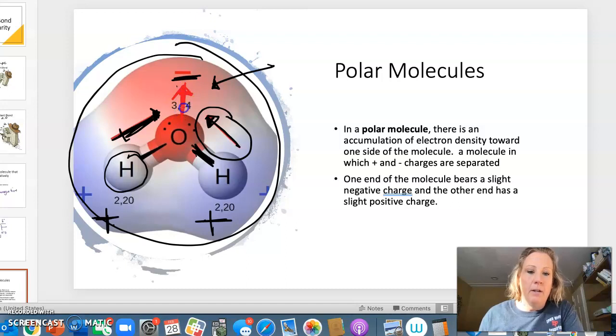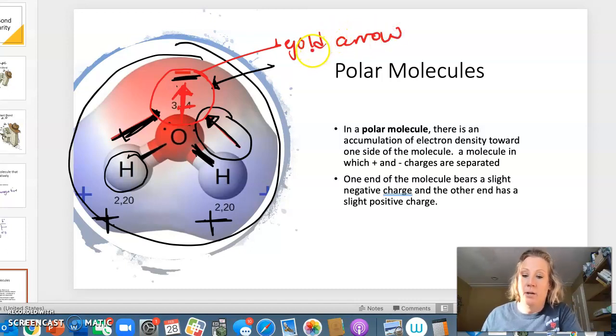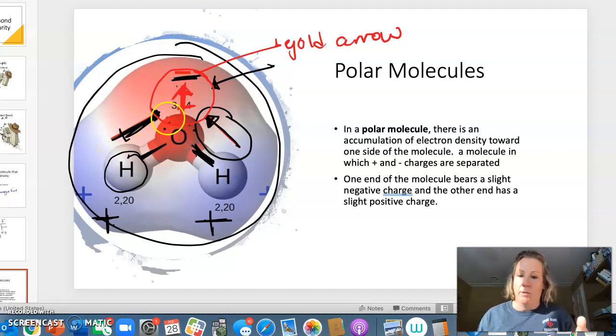I wish I could make mine gold, but the gold arrow is going to show you whether or not overall that whole molecule is polar. Is there a negative end and a positive end in the whole molecule? Versus the black arrows are just telling you that particular bond, whether there's unequal sharing.